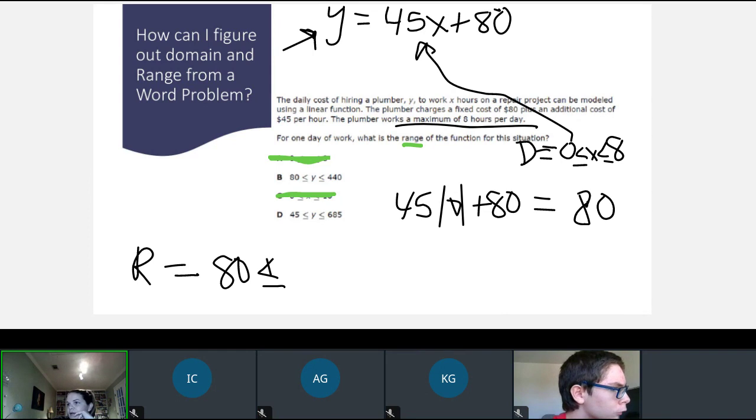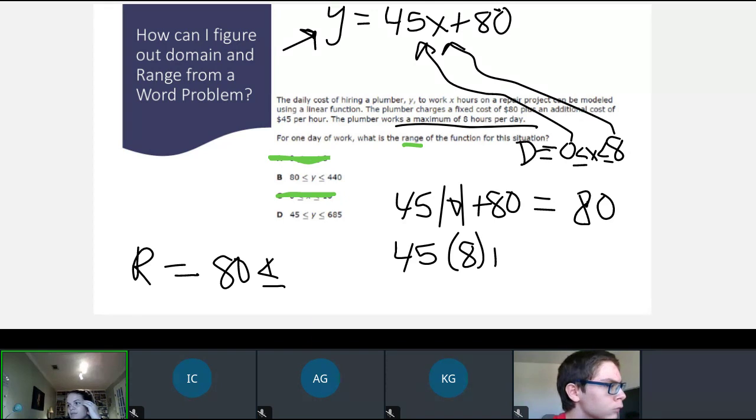And then I'm going to plug in 8 to get my maximum value. So 45 times 8 plus 80 gives me 440.